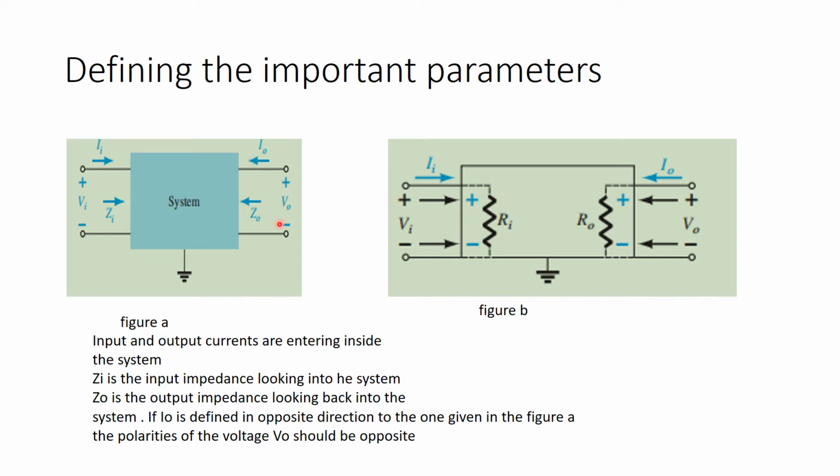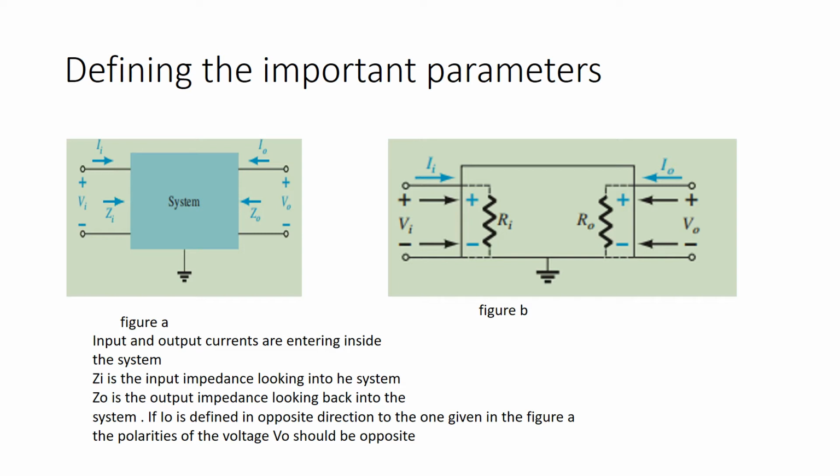One thing we have to remember is that the polarity of the voltage is positive, so current is flowing out of the output port. Then the input impedance and output impedance. All the things I've talked about are explained in the points given below. I'm reading out the points. Input and output current are entering inside the system.